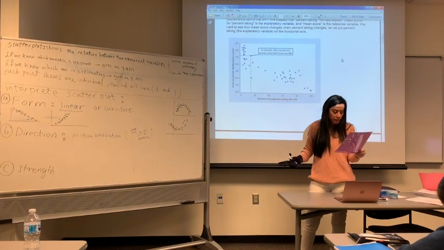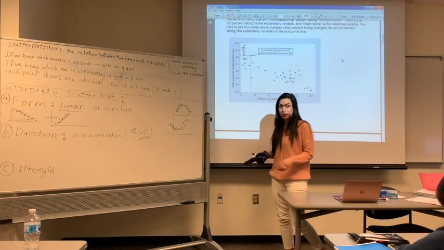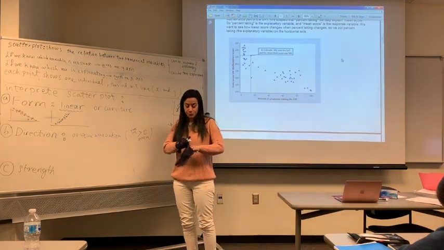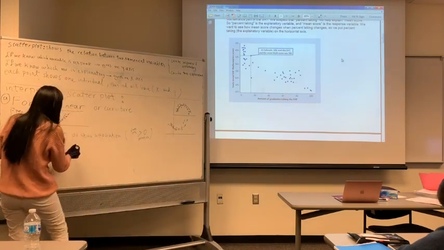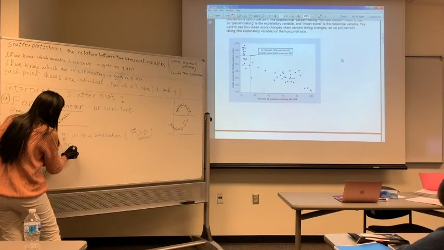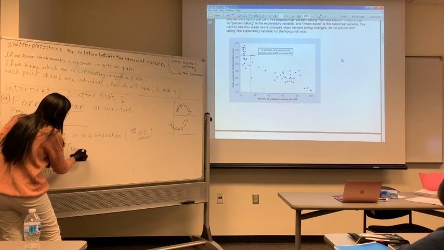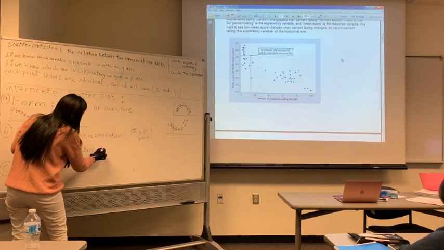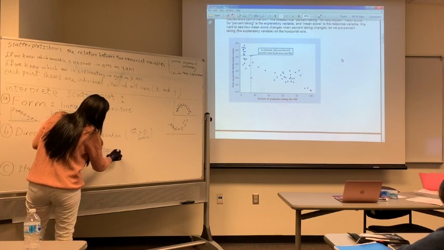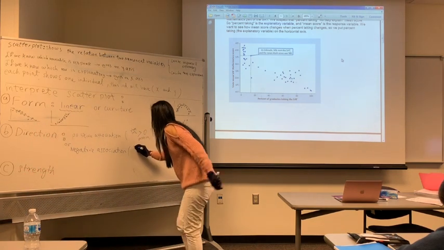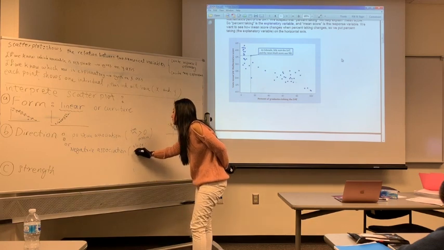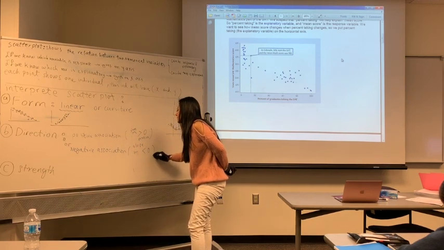So what is the slope of negative association? Negative. Correct? So the slope is negative.